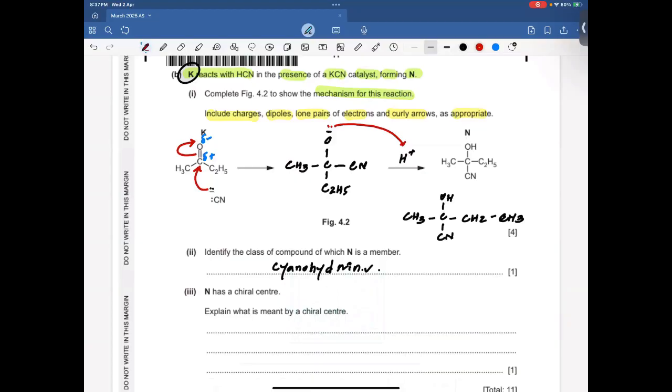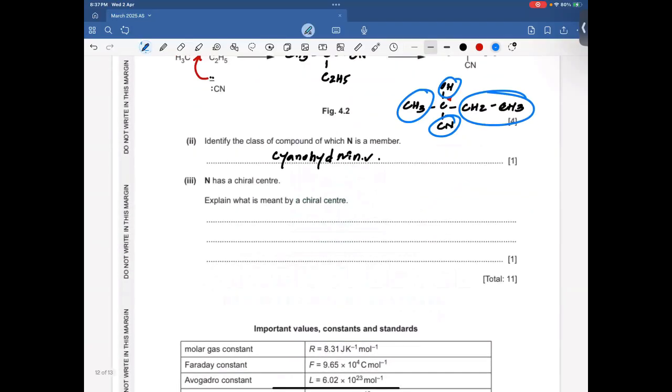and has a chiral center. Obviously, it has a chiral center. This is the chiral center because this is going to be the first group, second group, third group, and this one is fourth group. And has a chiral center. Explain what is meant by the chiral center.